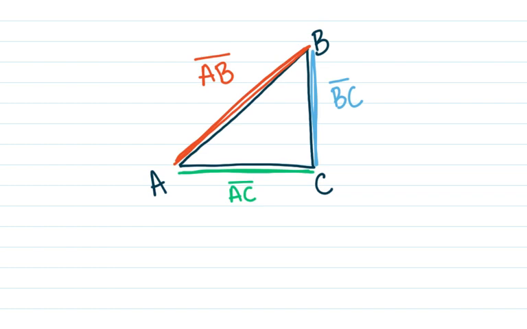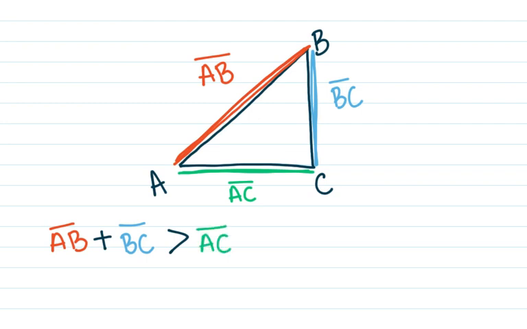So that's going to be important because we're going to be using these to figure out if we can make a triangle or not. What the theorem says is that if I take side AB and I add it to side BC, so I add those two side lengths together, those two side lengths have to be greater than the third side, which is AC.